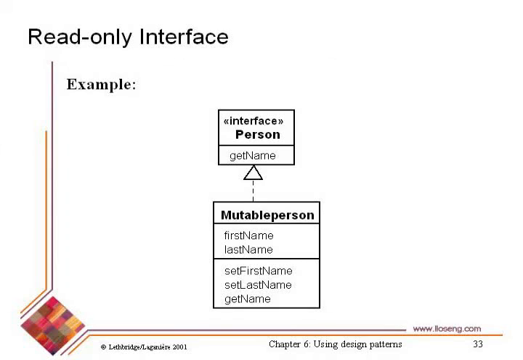So I could have a mutable person class, which has some operations and attributes: first name, last name, and a set first name, set last name, get name. This mutable person class might be stored inside a subsystem that has to do with changing the vital statistics information about people and updating personal information. There's a package that deals with that.